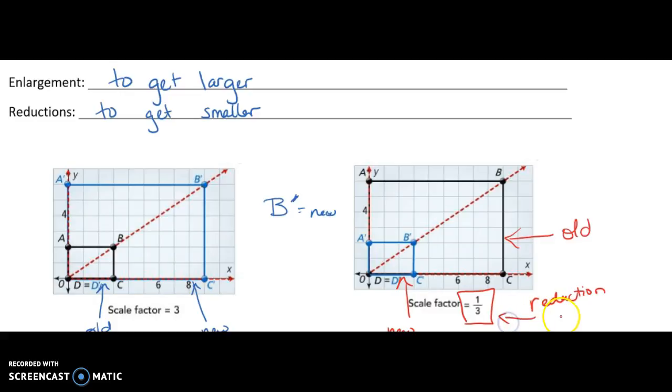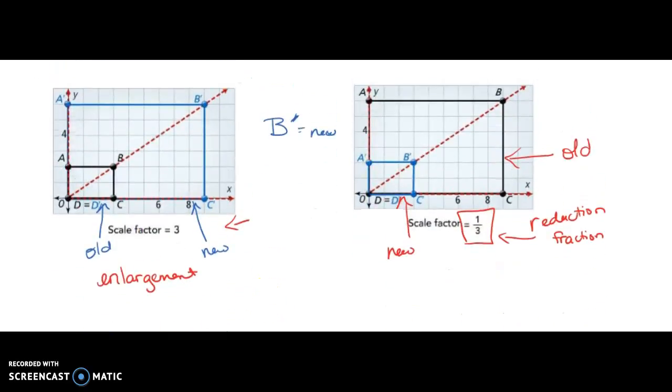So a reduction has a fraction for a scale factor, while the scale factor for the enlargement is going to be a number over 1. That's how you will know.